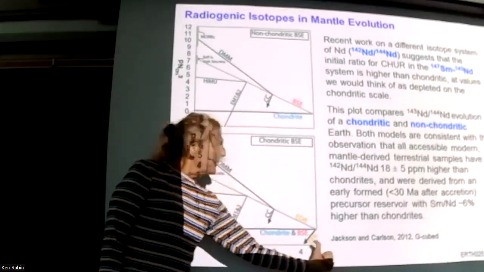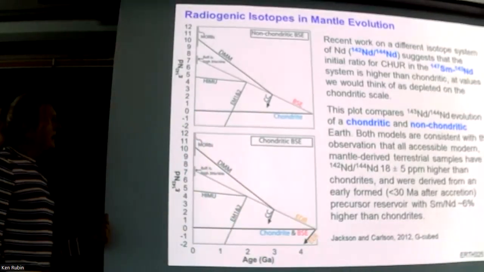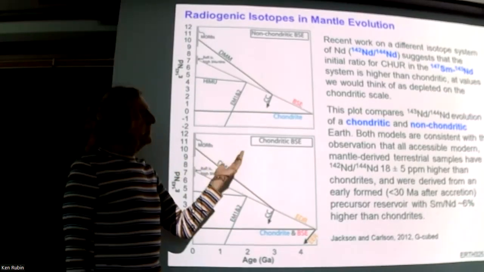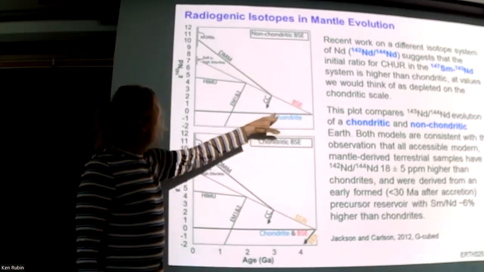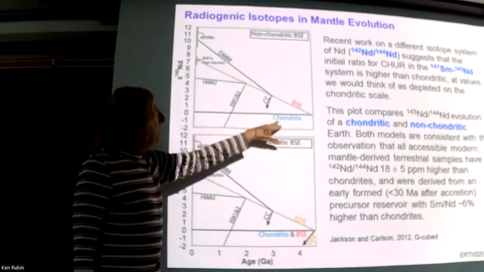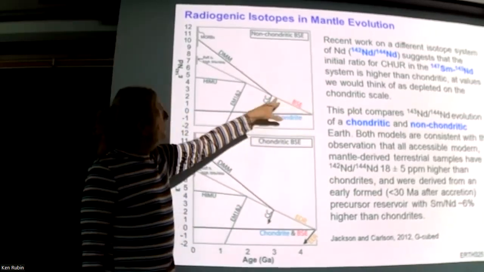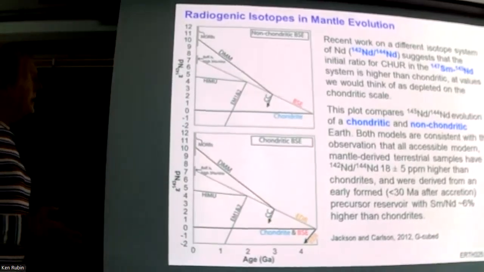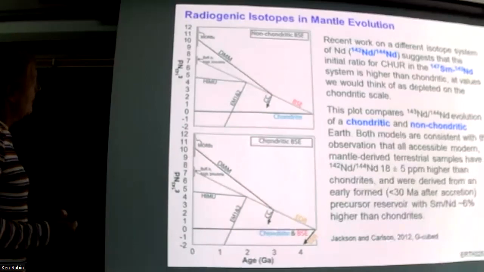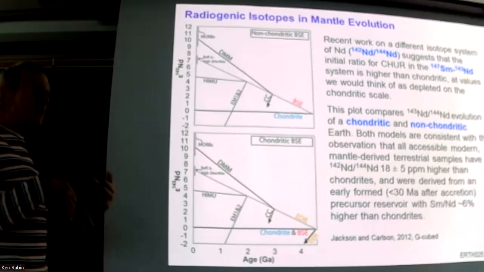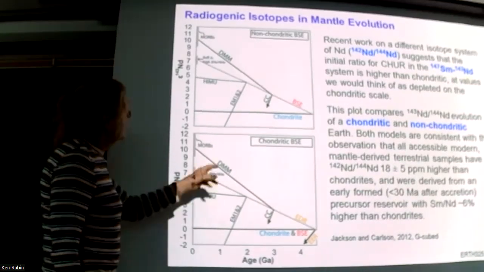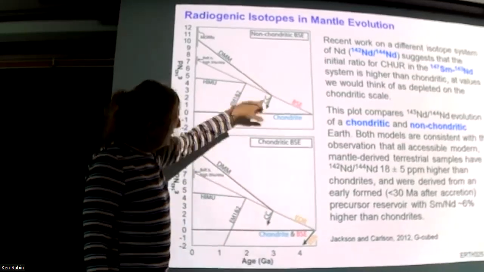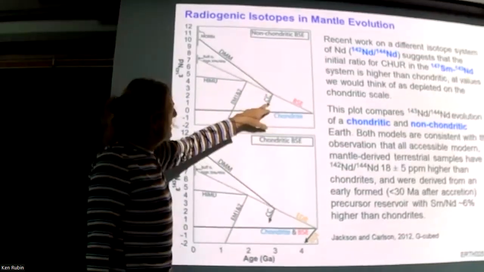In a chondritic earth, any kind of material in chondrites is just going to move along the 0 line. The bulk silicate earth is going to evolve along a steeper line because it's got a different samarium-neodymium value. And then various reservoirs, various things like early continental crust. This doesn't mean all continental crust formed 3 billion years ago. It's just an example.